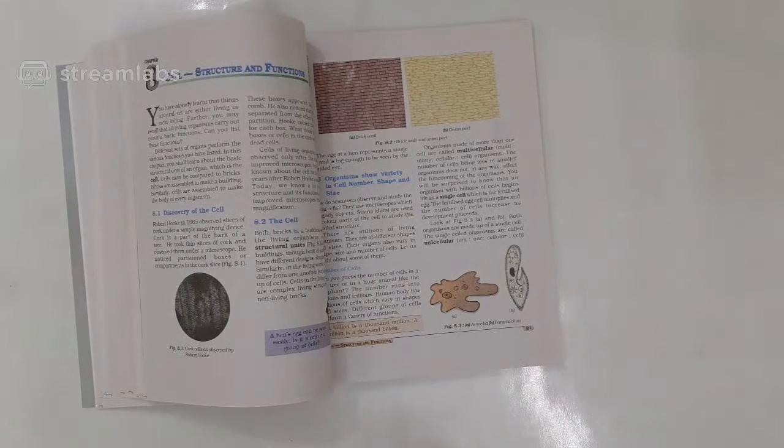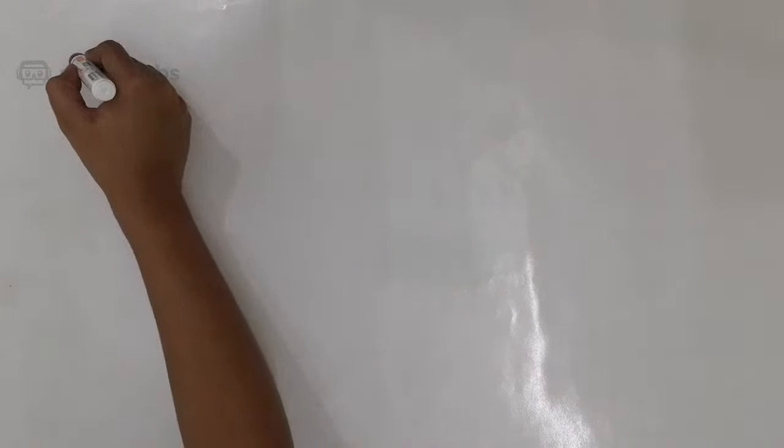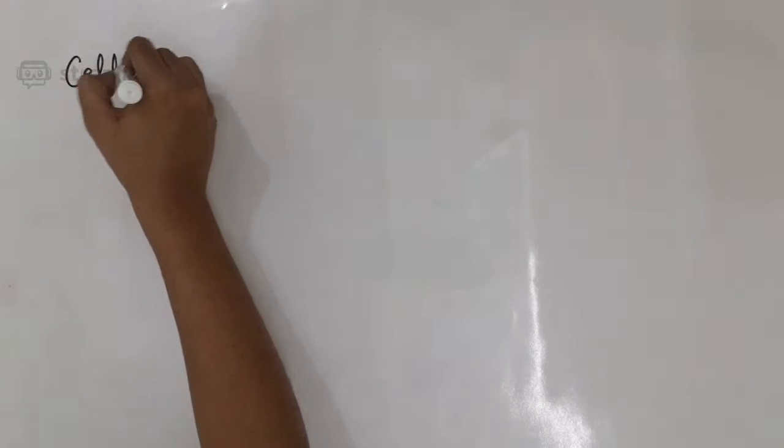Also, we learnt about the composition of a cell and different kinds or types of cell, that is the prokaryotic and eukaryotic cell. Today we'll be taking the cell organelles.